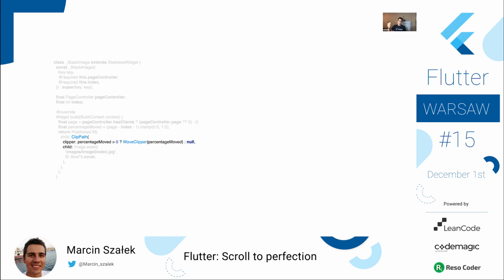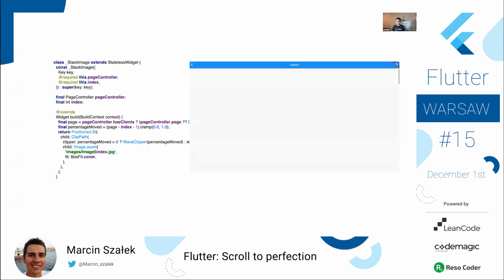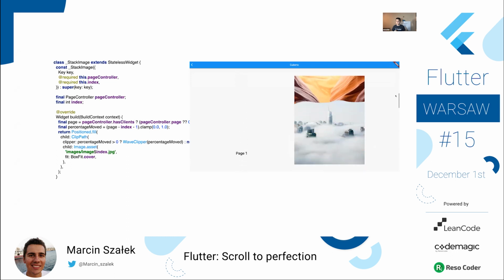I've used clip path with my custom wave clipper, but it could be opacity, it could be transform, it could be scaling, doesn't really matter. And with just adding that, we will achieve this effect.